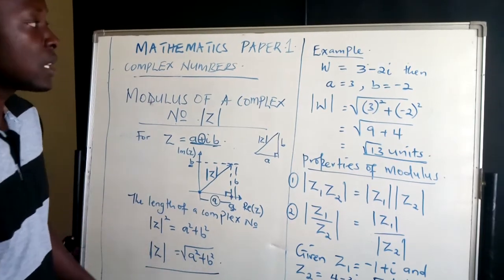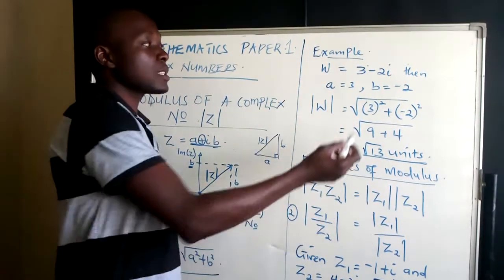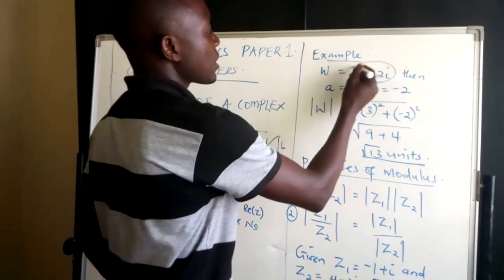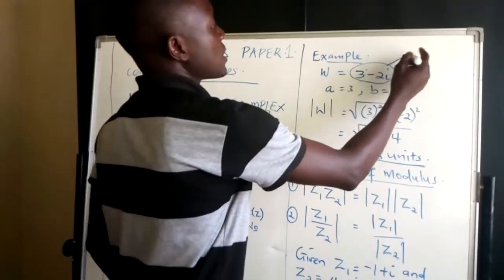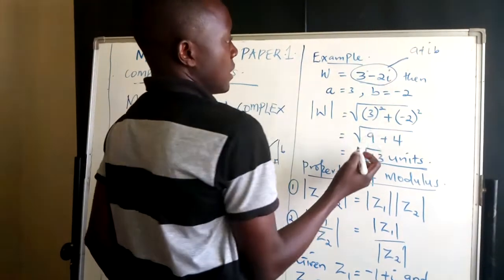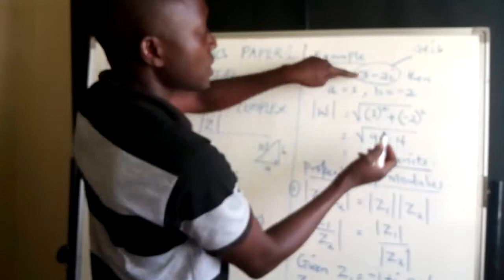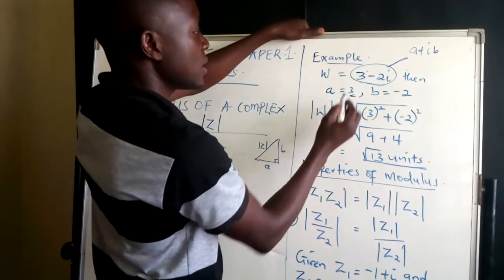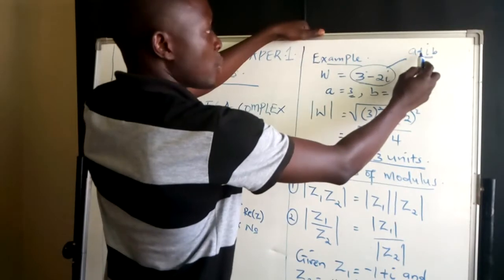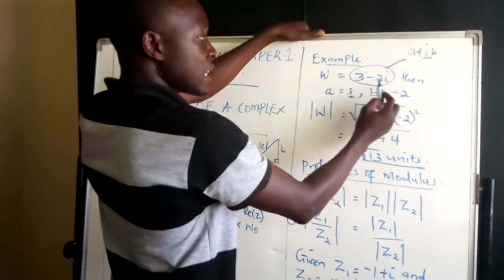Say for example, if we are given this complex number here, I'm going to compare this complex number 3 minus 2i with a plus ib. The real part is 3, which means that my a is 3. Then the imaginary part: in the standard form the imaginary part is positive b, but here I have a negative.